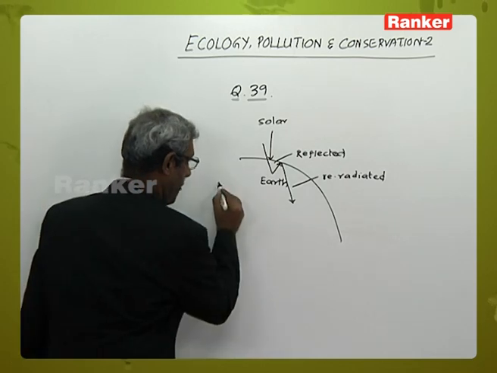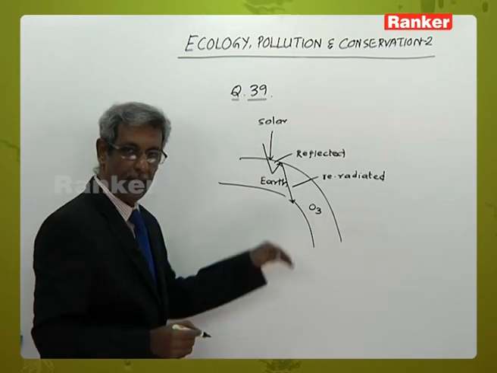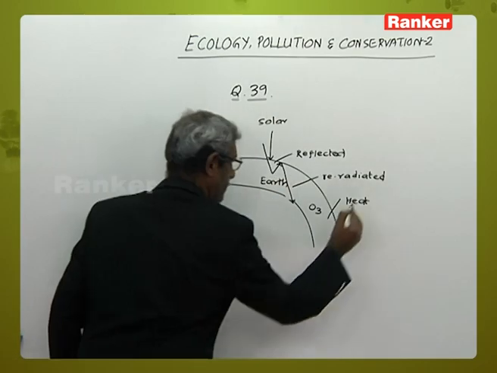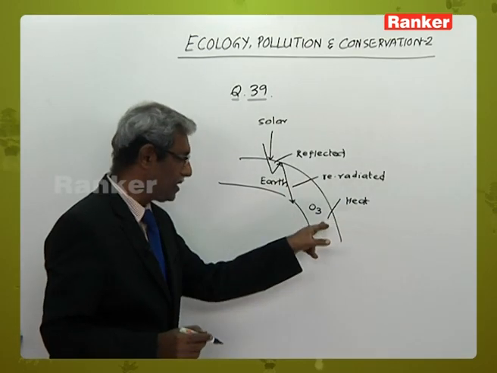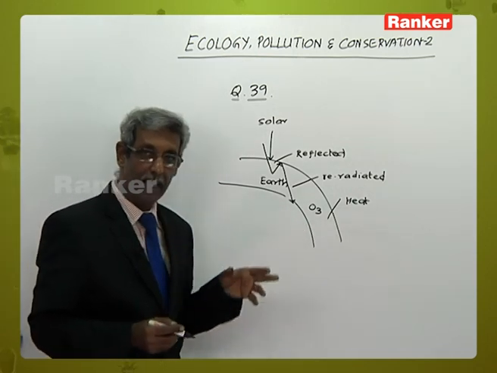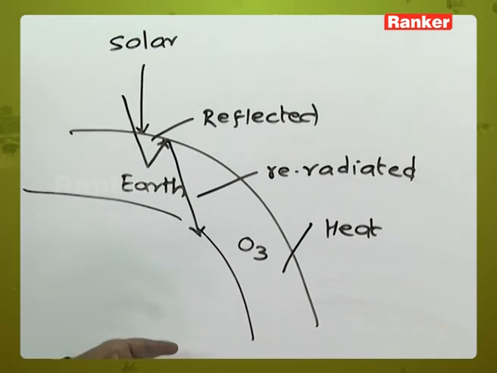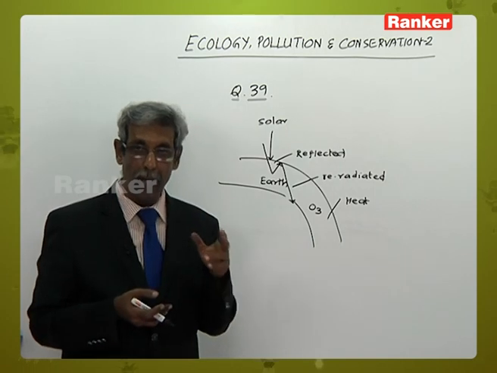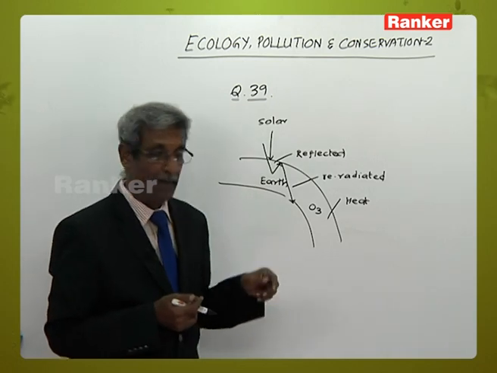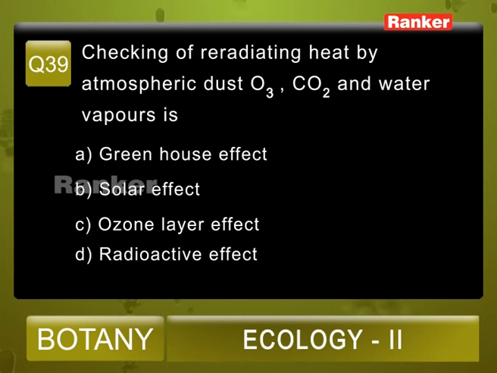It is caught in the ozone layer and re-radiated. So, we have a build up, a sort of heat insulation trapped by the ozone layer, and this causes warming up internally, just like how we warm up food in a pressure cooker. It causes an internal heat block in the earth due to ozone, carbon dioxide and water vapors, which trap the solar energy. So, this effect is primarily termed the greenhouse effect. Answer is A.